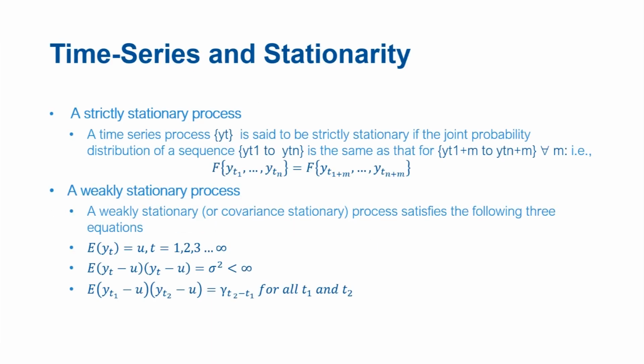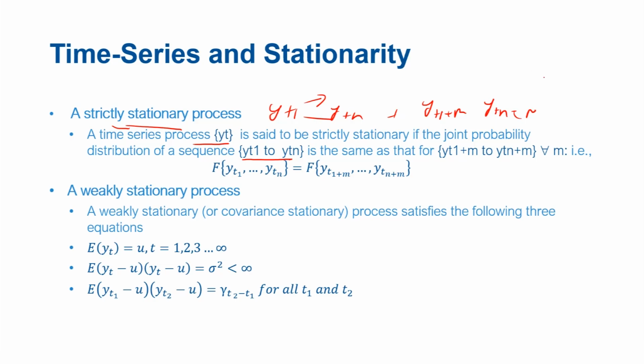Recall, in our earlier discussion, we said a strictly stationary process is a time series process yt where we pick a sequence, let's say yt1 to ytn, and the joint distribution of these observations remains the same whether we pick another sequence from yt1 plus m to ytn plus m.